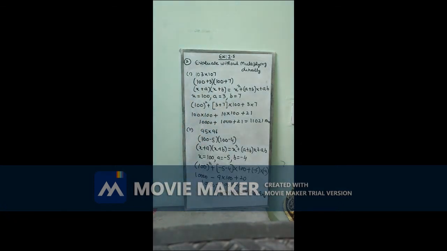Clear? We will not multiply the statement directly. We will use identity to find out the answer of this multiplication. Give a proper review of these two parts for 1 minute.